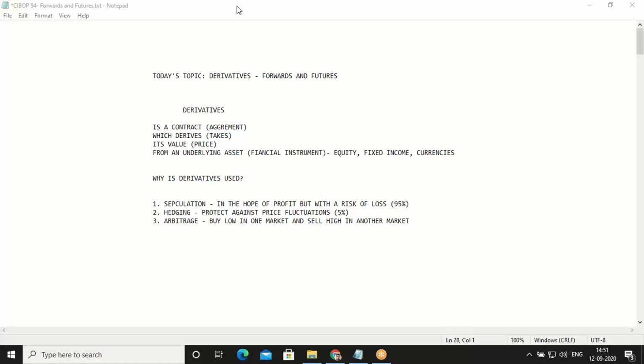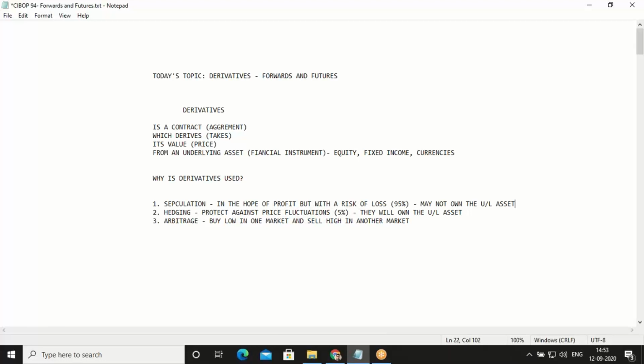Now, let me draw another distinction. Somebody who's a hedger will own the underlying asset, but a speculator may not own the underlying asset. So that's the cool thing about the derivative markets: you don't have to own the underlying asset. You can just bet on the price movement.